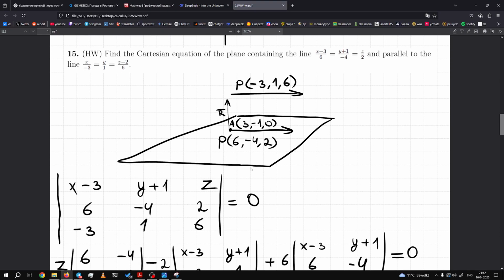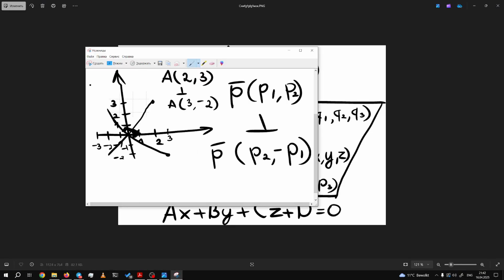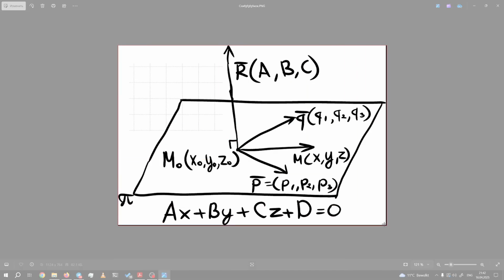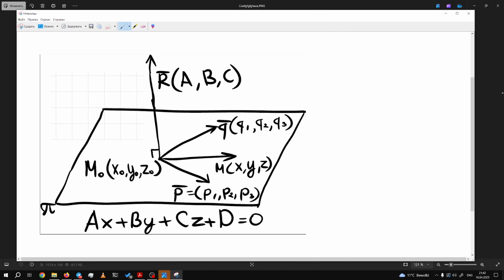Now we are moving to Cartesian product, and actually I forgot to draw something. If you have the Cartesian product for what I wrote as Q and P, you can find it by solving this determinant from linear algebra.